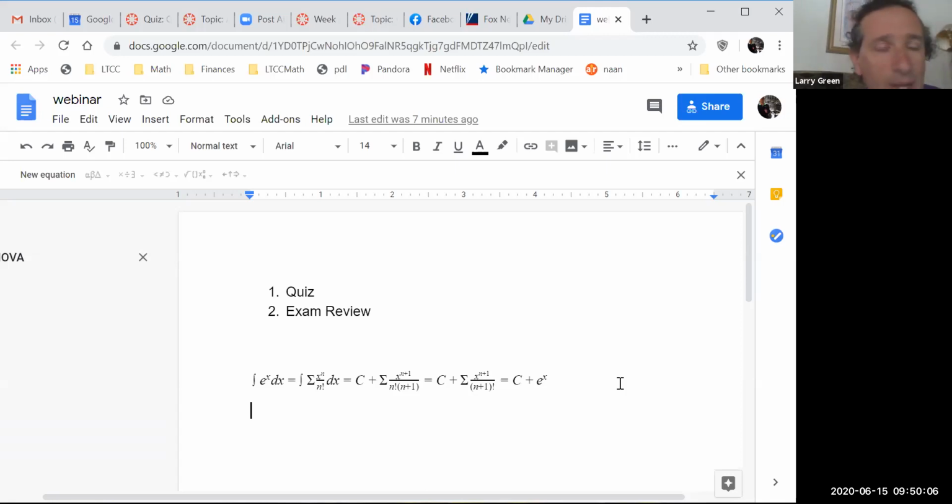Okay, for the next one, I'm going to ask you to determine, let me just read it. I have to keep moving my head because I've got 2 computers. For each of the following series, determine whether it converges absolutely, conditionally, or diverges.